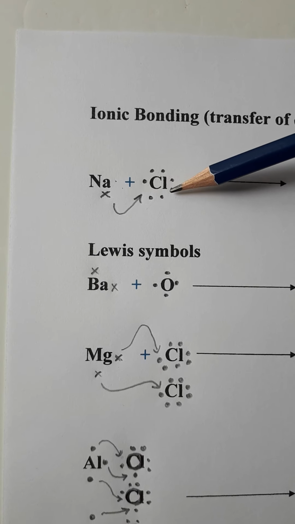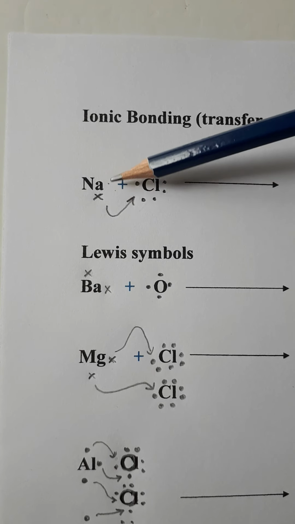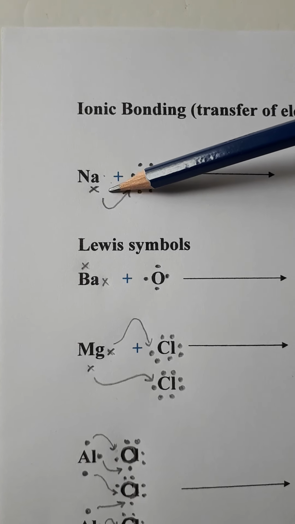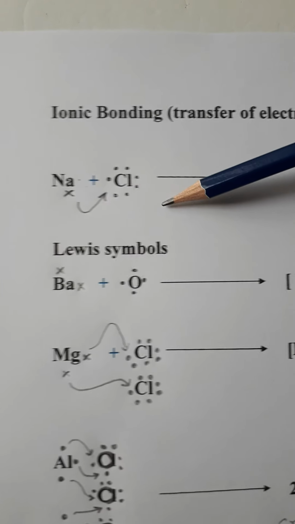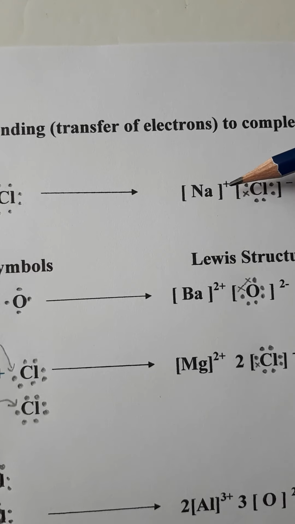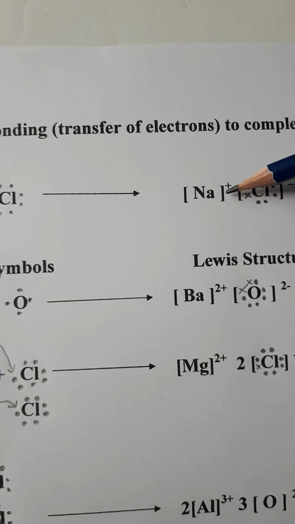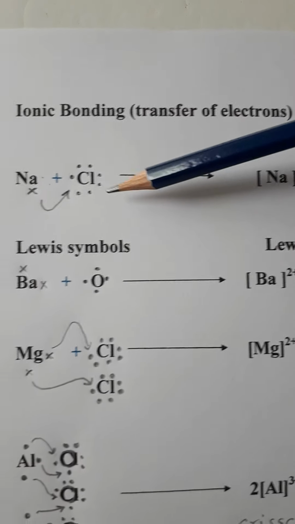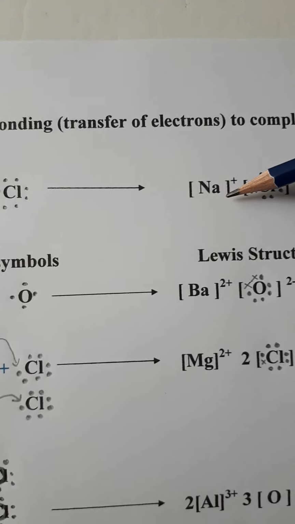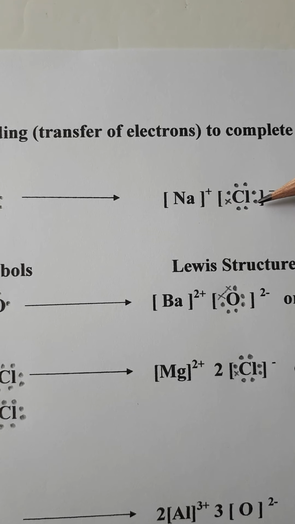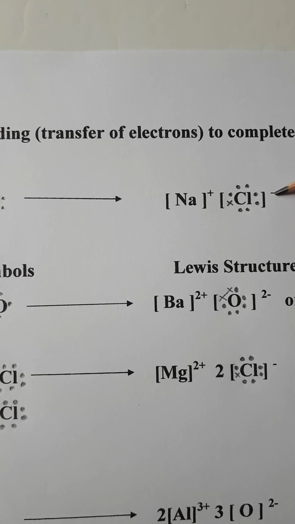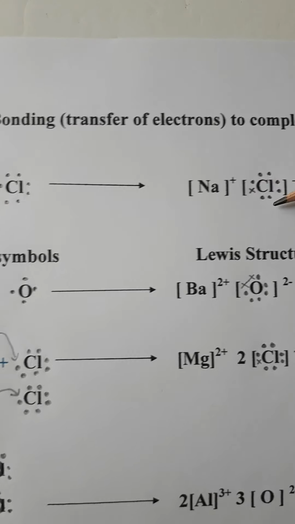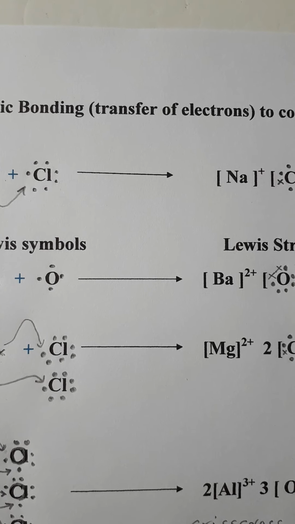And the net result is sodium lost an electron. As you saw in my review number 2, it becomes a sodium ion. And chlorine gained an electron. It becomes a chloride ion. So you can see this electron obtained from sodium. So that is your sodium chloride formula unit.